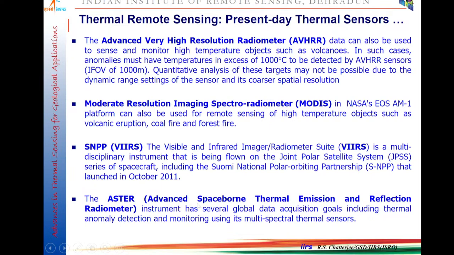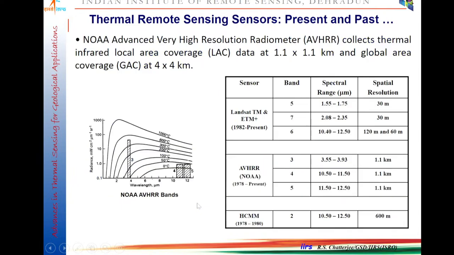These are multispectral bands. But if you go to Landsat TM or Landsat ETM plus, then in that case there is only one thermal band, that is band 6, but there are SWIR bands that can also be used for high temperature object mapping.